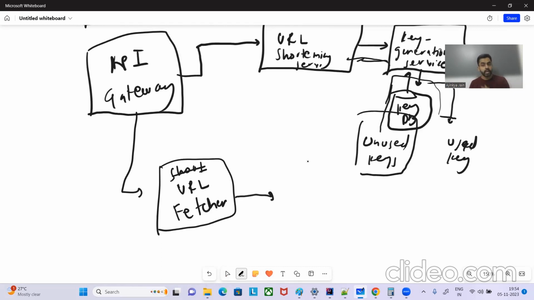There will be some URLs, for example, if the user has passed tinyURL slash JKL6E3C. This was the short key which is provided.